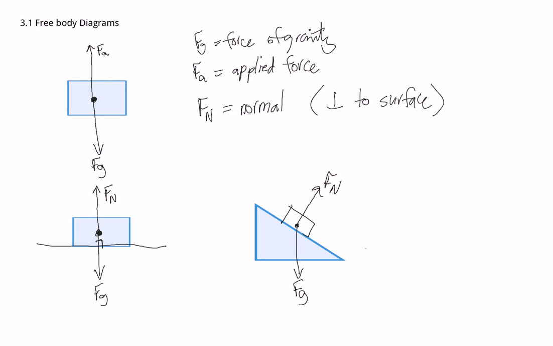Okay, a few other forces that we have. We've talked about those basic ones. Let's suppose we've got a box on the floor, with gravity pulling it down and the normal force acting upwards. Let's suppose we're going to push it to the right, so we have an applied force to the right.